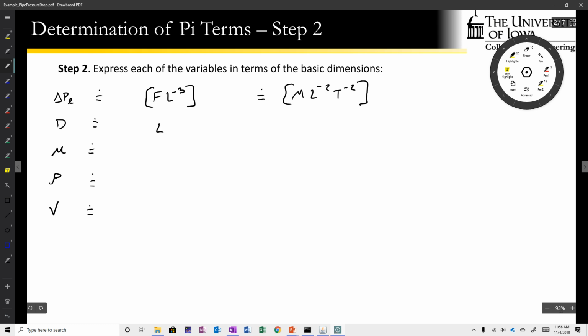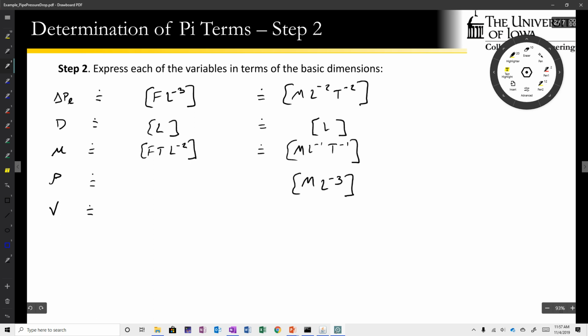Diameter, which of course has units of length in either system. Viscosity is going to be force time length to the -2, or in mass length time, mass length to the -1 time to the -1. Density, right, is mass length to the -3.